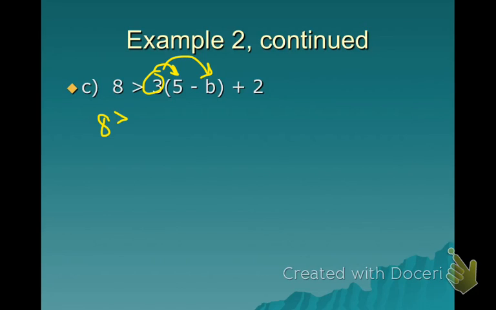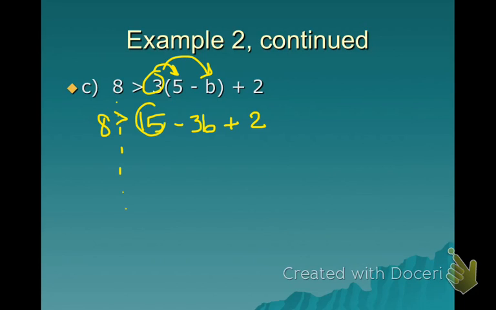All right, one final example. In this case, we're distributing a positive 3. So we have 8 is greater than 15 minus 3 times b plus 2. Okay?